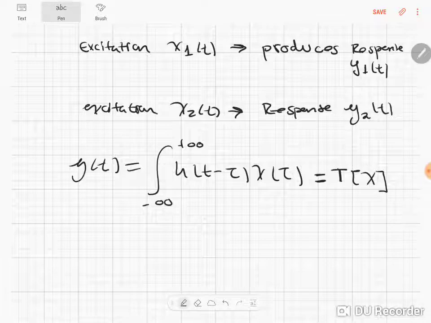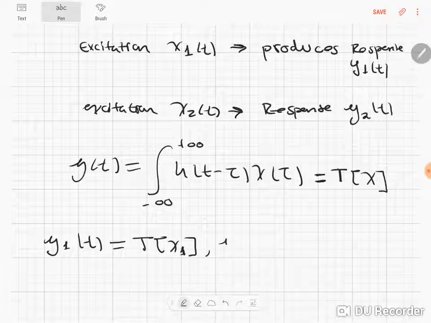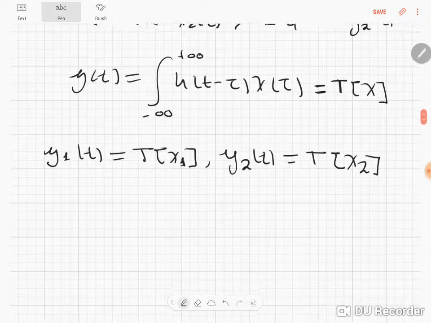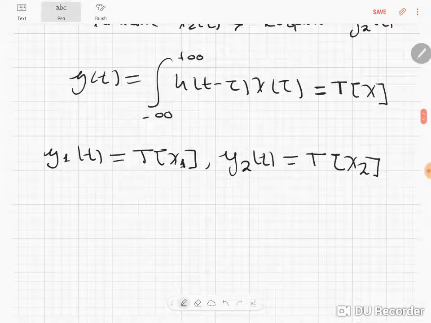See? Then this is mathematically a way in which you can see the system: just a transformation on the excitation that is applied to it.